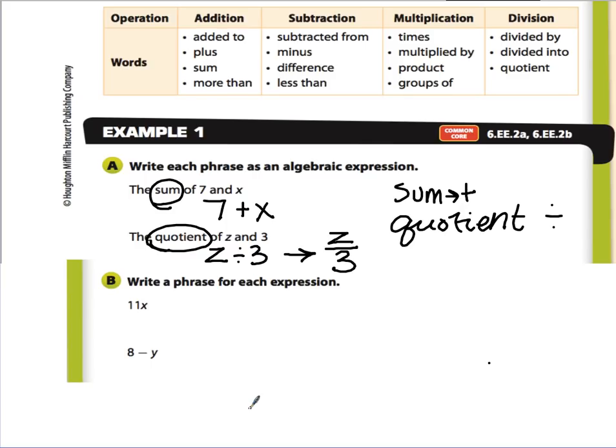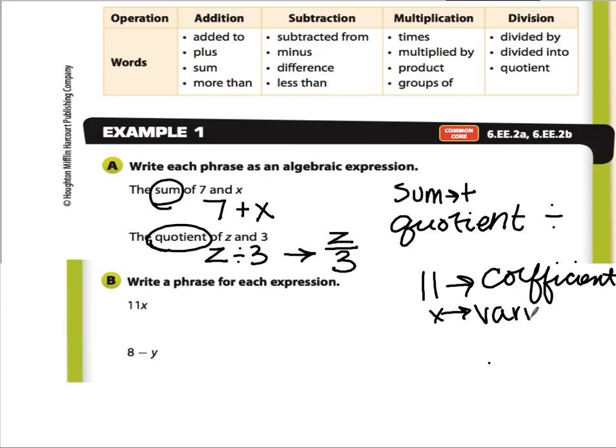All right, for B, we're actually going to change gears here, and you are going to write a phrase for the expression. So here, when I have a number and a variable connected, so I have a coefficient, so remember, the number, so 11 is what we call a coefficient, because we are working on identifying those parts, and x, in this case, is the variable.